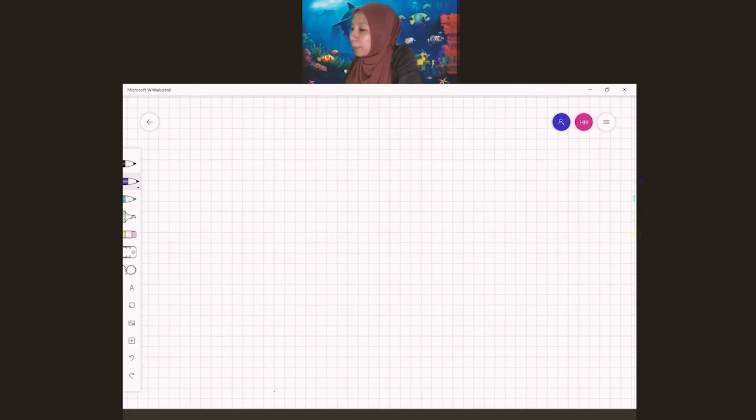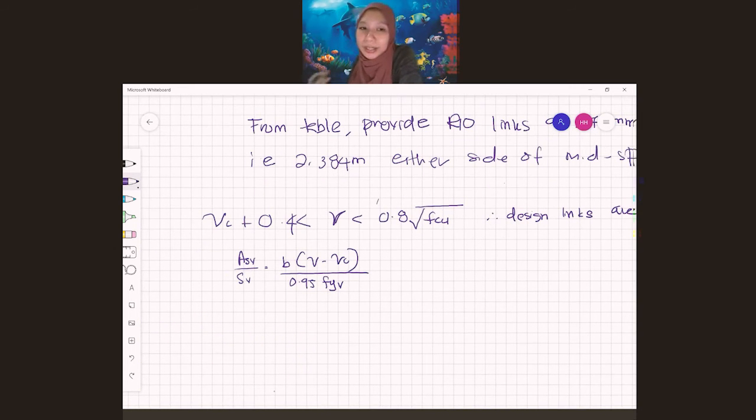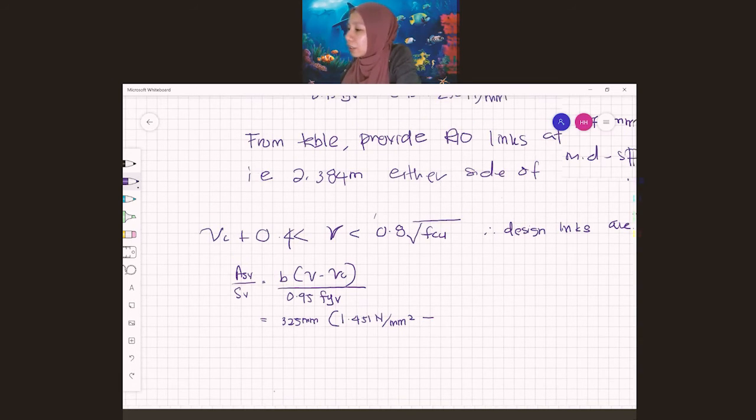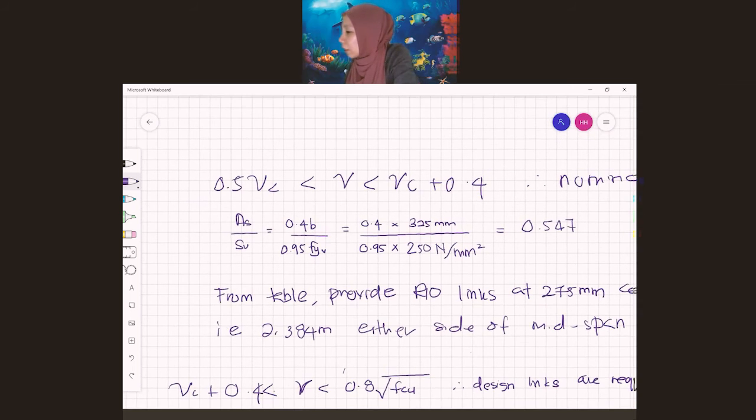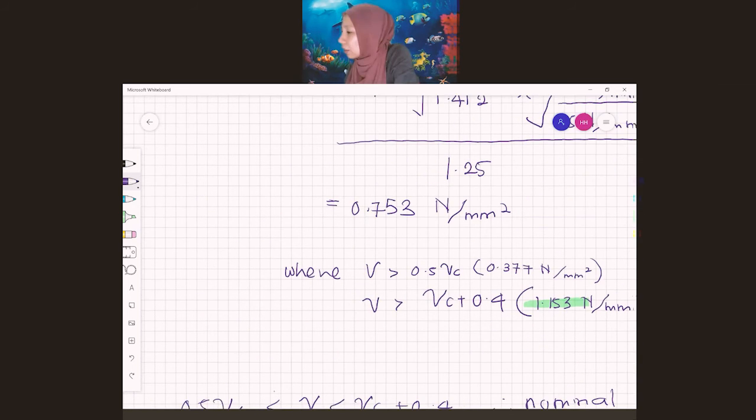Jadi kita boleh kira. Masukkan je value of B 325 mm. Okay, and we have our V which is 1.451 Newton over mm square. And the value of VC, cek balik, berapa VC kita tadi?